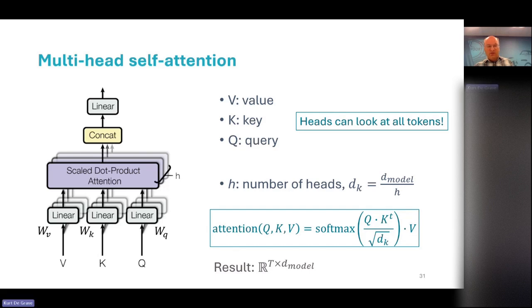So that means that previous tokens with a key very similar to our current query contribute a lot, because of the softmax function, to what parts of value we retain. So the result is again the same size, the same dimensionality times the number of tokens.